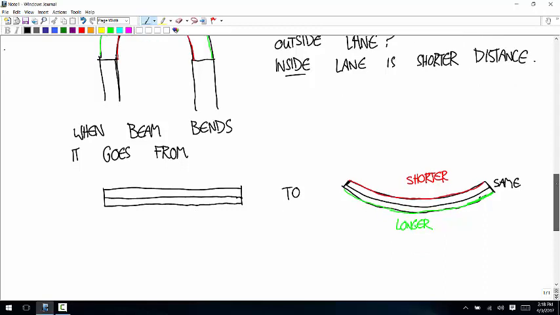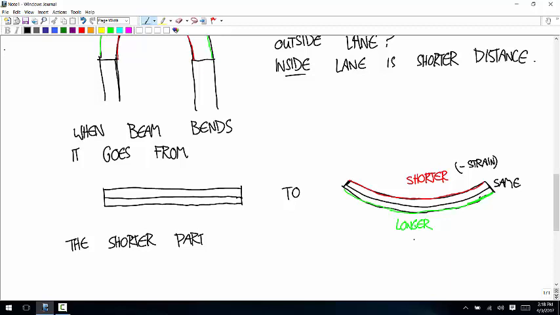And so the part that gets shorter, what kind of stress leads to that? It's getting shorter in the x direction. That means there is a negative strain.